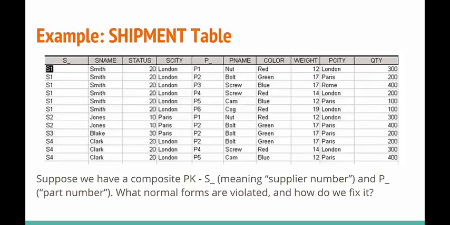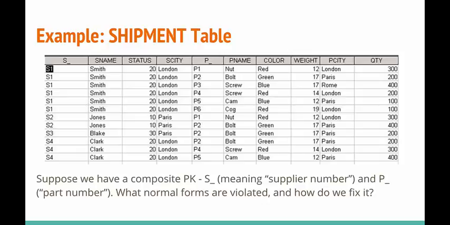Going from left to right, the first four fields, S underscore, S name, status, and city, are facts about the supplier. The next five fields, part number or P underscore, P name, color, weight, and P city, are facts about the part. P city indicates the city in which the part is manufactured.